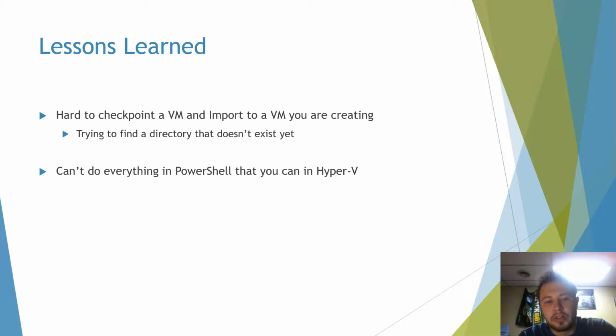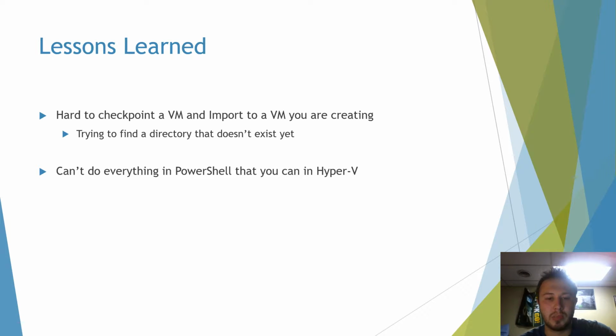Okay, so for the lessons learned I had throughout this project, I learned that using Hyper-V and PowerShell, checkpointing virtual machines is a little bit more complex than exporting and importing them, which is what I originally wanted to do. It became complex because using the GUI, it's really easy. You can click around in the directories, but when you're doing the PowerShell, you're firing a VM and you're trying to create a VM and checkpoint it at the same time, through the whole script.